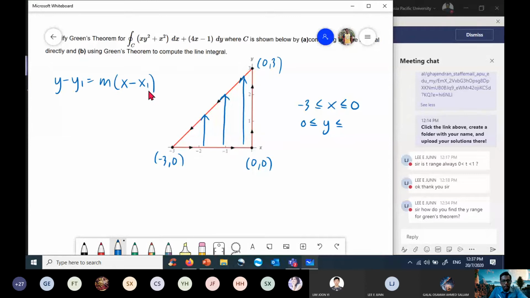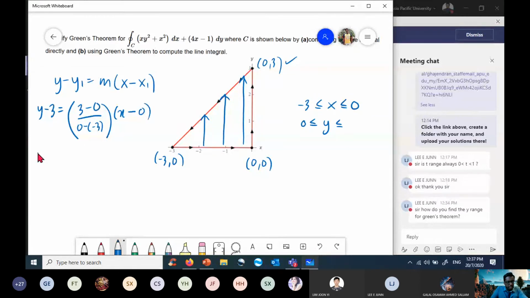So in this case, let's say I pick this coordinate. So y minus 3 is equal to the gradient. Let's compute the gradient: 3 minus 0 divided by 0 minus negative 3. Then x minus x1, the coordinate that I choose, is 0.